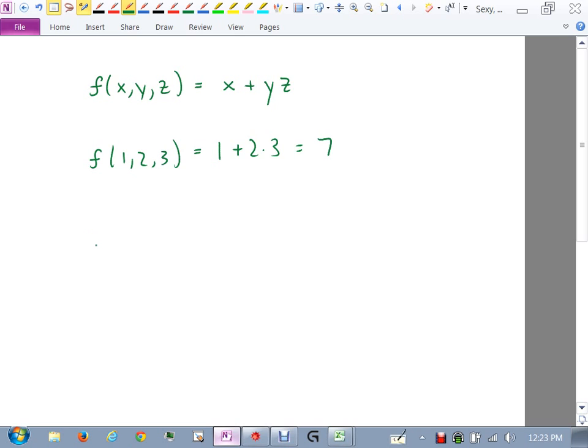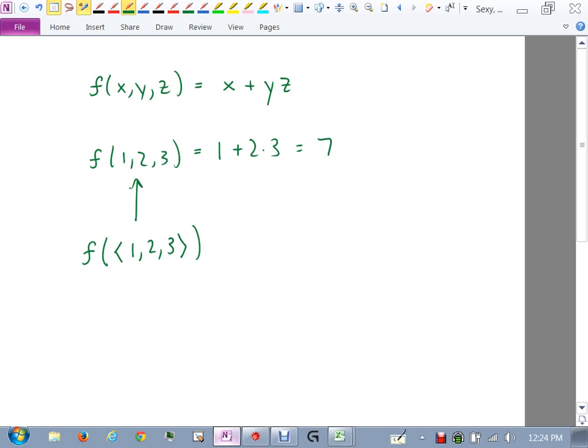Now, what if I tell you to do f of the vector 1, 2, 3? That doesn't make sense, because the function f is supposed to take numbers in, an x, a y, and a z, and spit out an answer. It's not supposed to take a vector in. So when I write this, I understand it doesn't make sense.